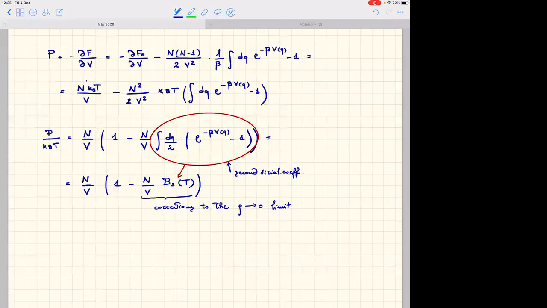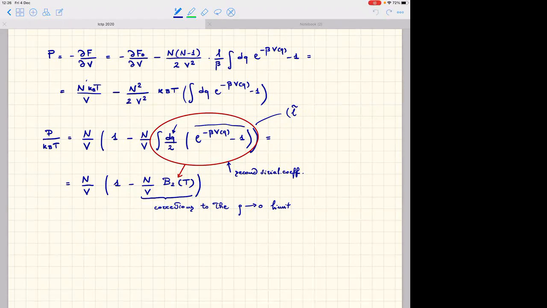So B2, if you think for a second, has the dimensions of a volume, because it contains an integral over dq. So overall, from this integral, we'll get a length scale. Let's call it L tilde to the power d. And therefore this correction is going to be, of course, dimensionless.